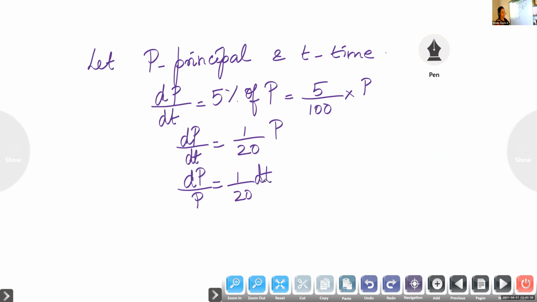After integrating, log P is equal to 1 by 20 T plus C.